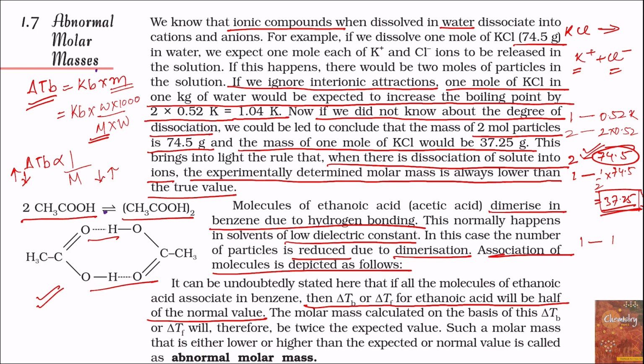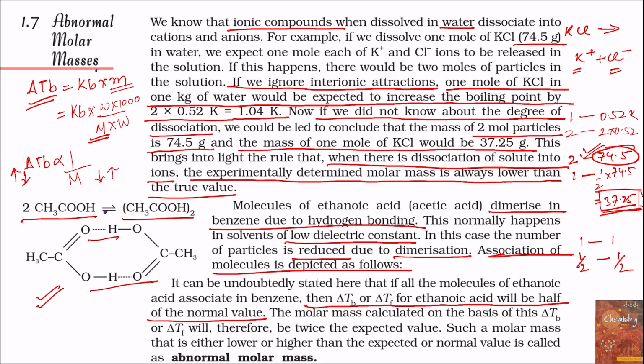When the number of particles becomes half, the colligative property will also become half. So, in case of dimerization, 2 particles are becoming 1 particle, so the colligative property will also be half. That is, the value of delta Tb and delta Tf will be half.